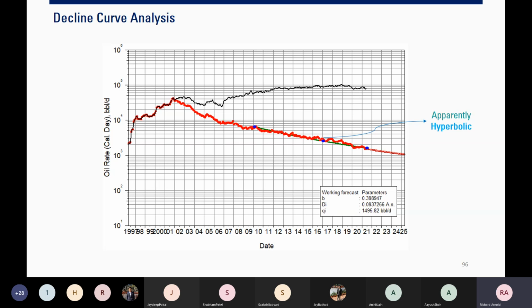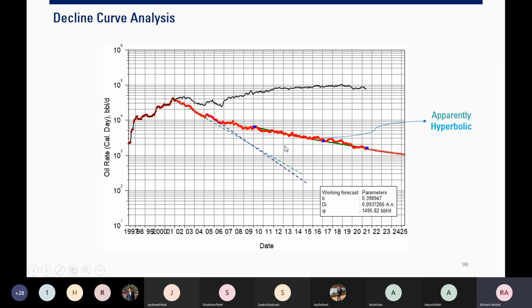Of course, you can see an exponential trend like this one or this one, a lot of apparently exponential trends, but you need to actually look at the whole profile, okay, to finally say that it is hyperbolic performance, right?